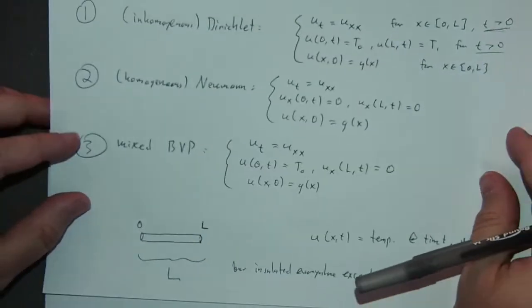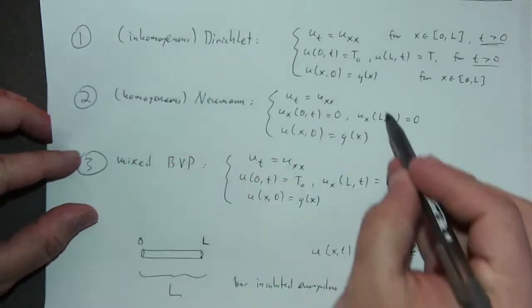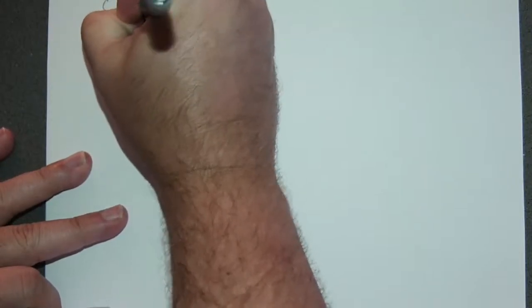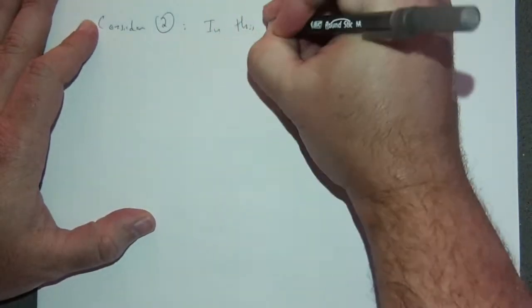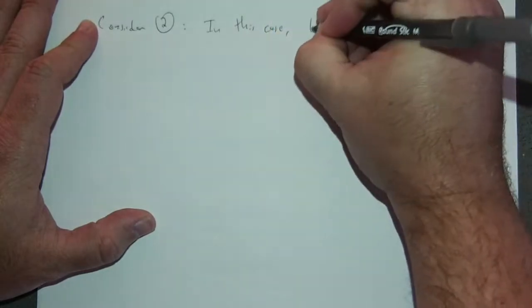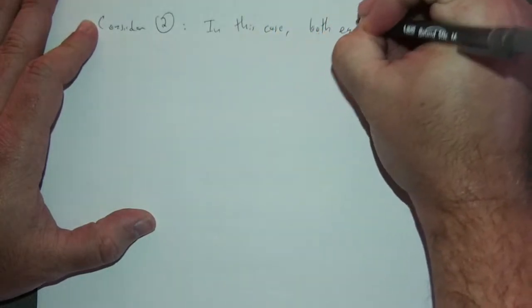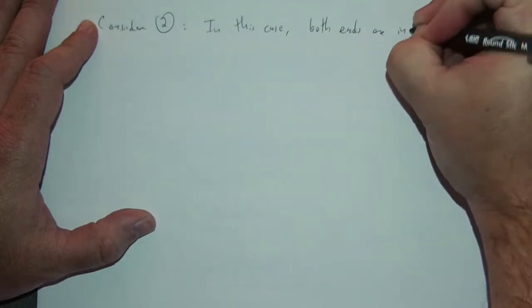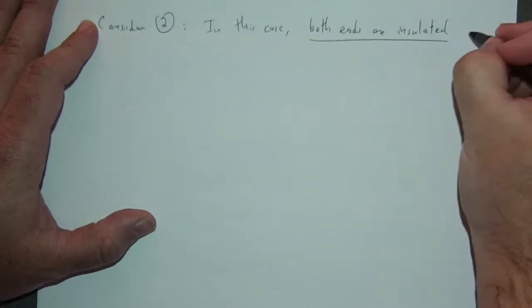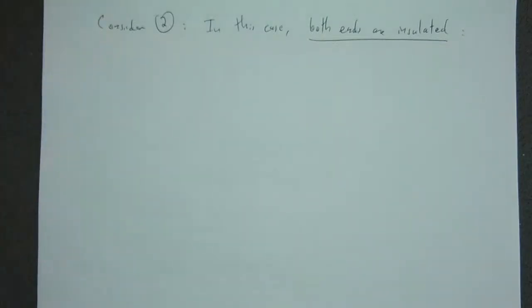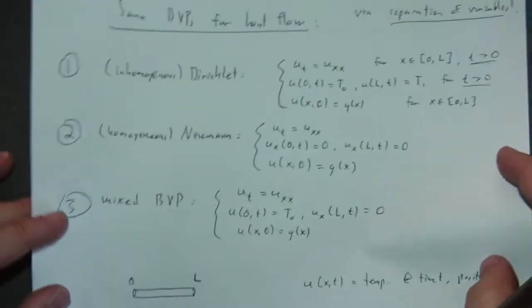So let's consider number 2. Both ends are insulated. What does that mean in terms of what's going on?